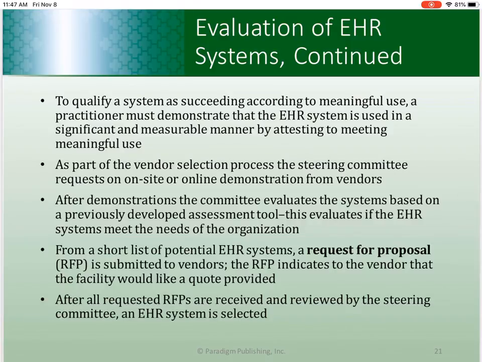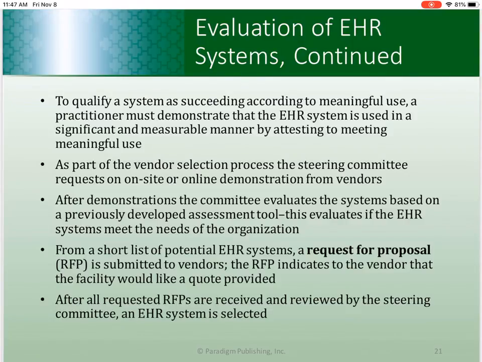So after the committee recommends the top 3 EHR systems, the hospital or the system is going to send an RFP to each of those vendors. The facility and its committee receive system requirements and services along with bids or quotes from the vendors and compare each of them. After the committee selects the EHR system, the healthcare facility enters an agreement with your chosen vendor.